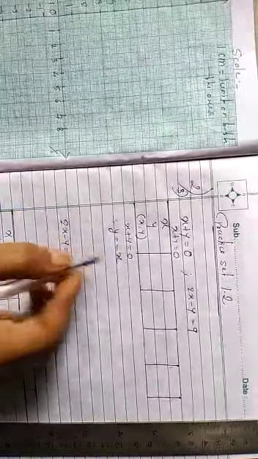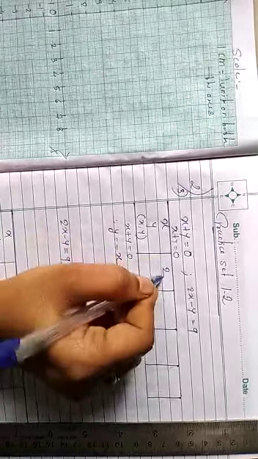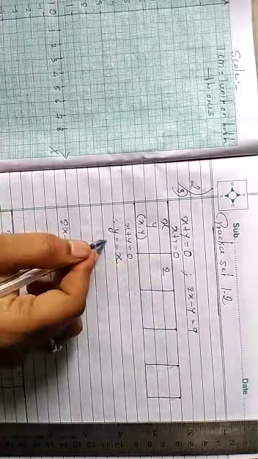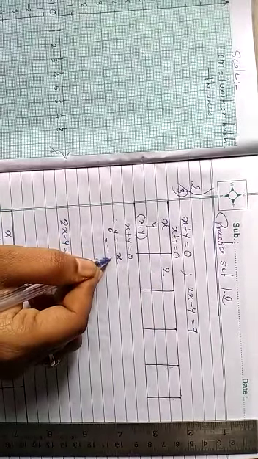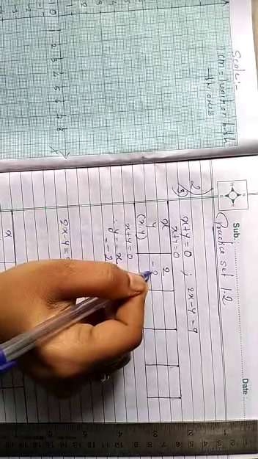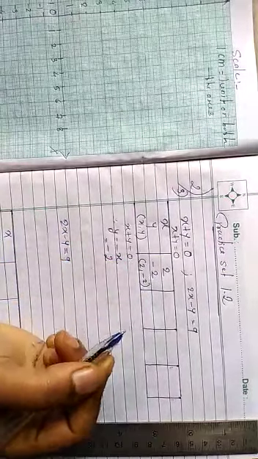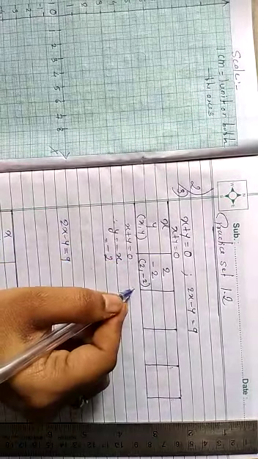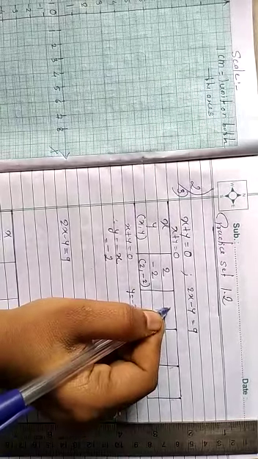so the equation becomes y = -x. Now we have to consider the value of x. Suppose let us take 2. When I take x as 2, what value do I get for y? -2. So the coordinates are (2, -2). Same way I'll take 0.